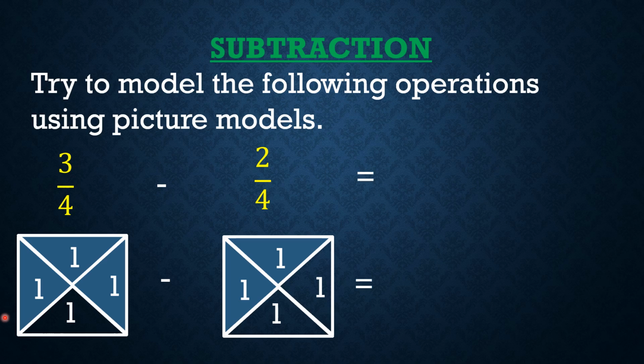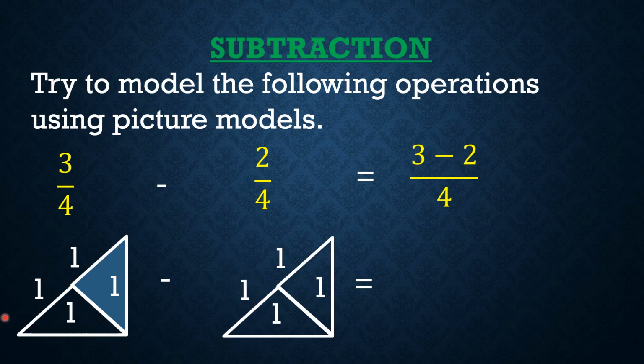Then this will be, I'm going to take away 2 parts from both sides. 3 minus 2 divided by 4, which will be, I take away 1 part and another part.